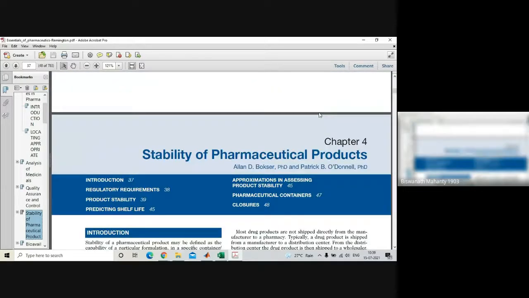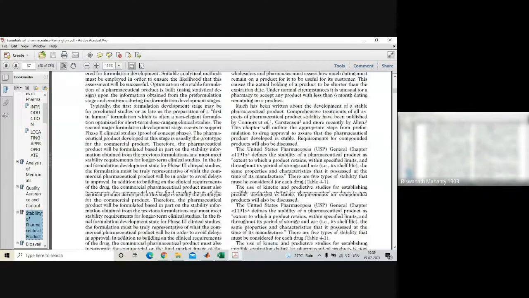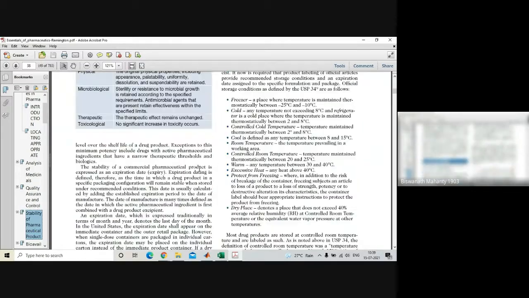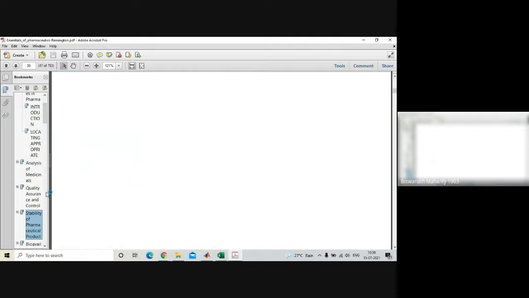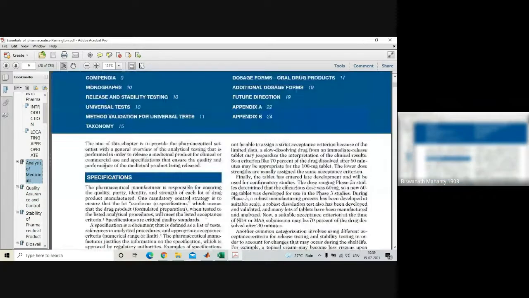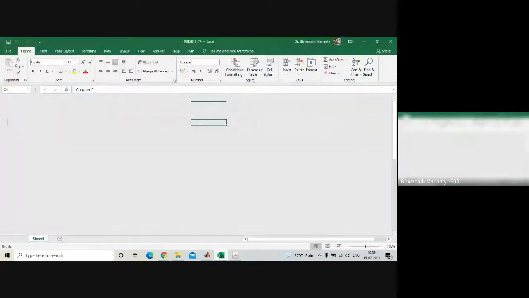So what we are looking for is the regulatory requirement, there are many other components also there. We are looking at the stability of the compounds. Sorry, chapter 5, I think I have written 4, 5 only.